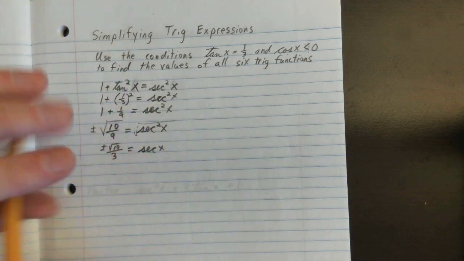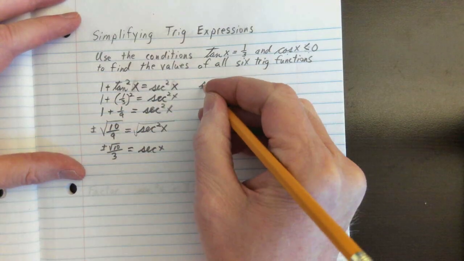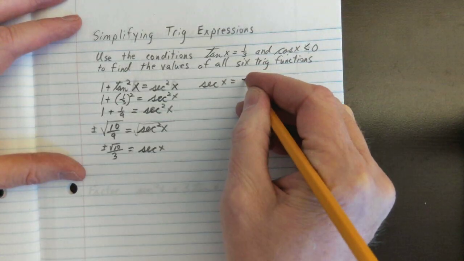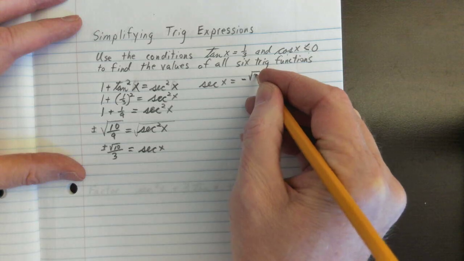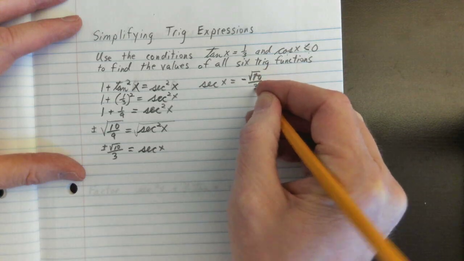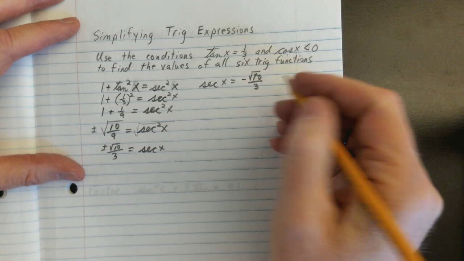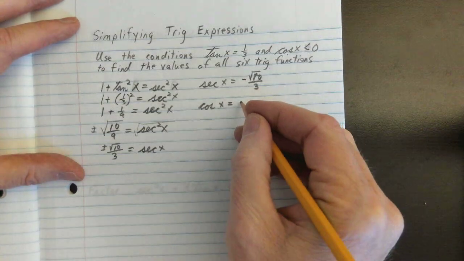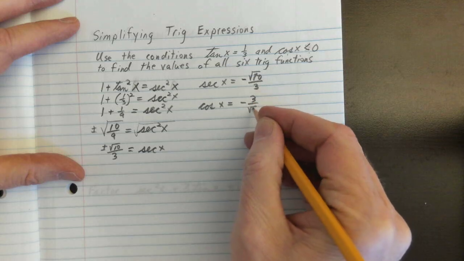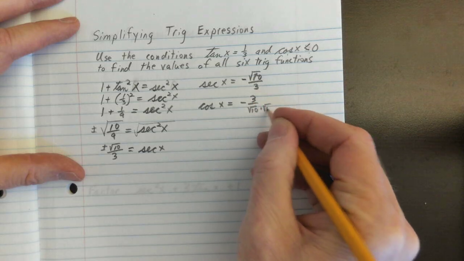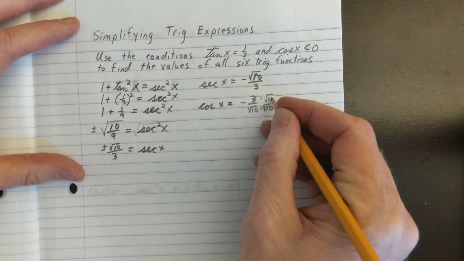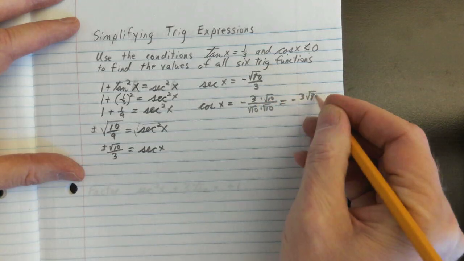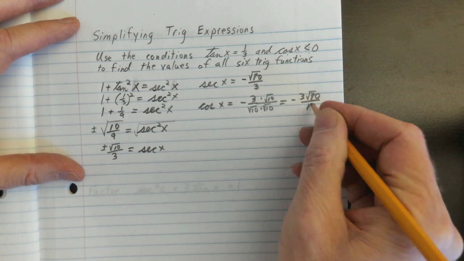So I'm going to go with the secant of x is equal to negative square root of 10 over 3. And the cosine of x is the reciprocal of that, which is negative 3 over square root of 10. And let's rationalize that denominator. That's negative 3 radical 10 over 10.